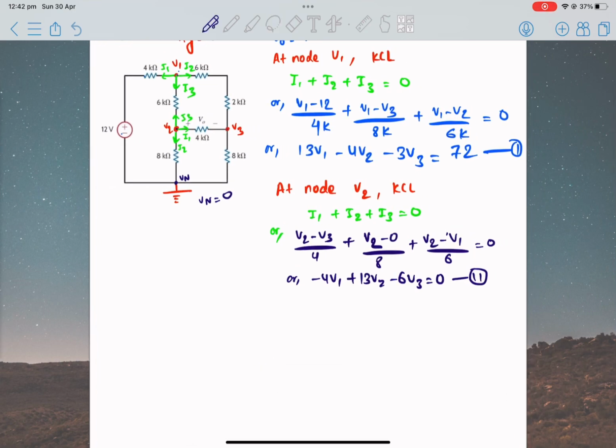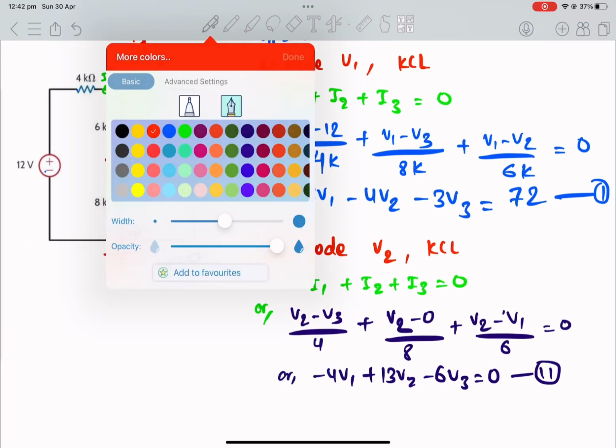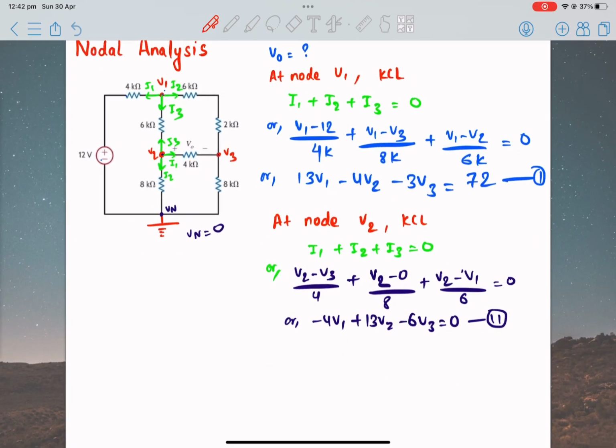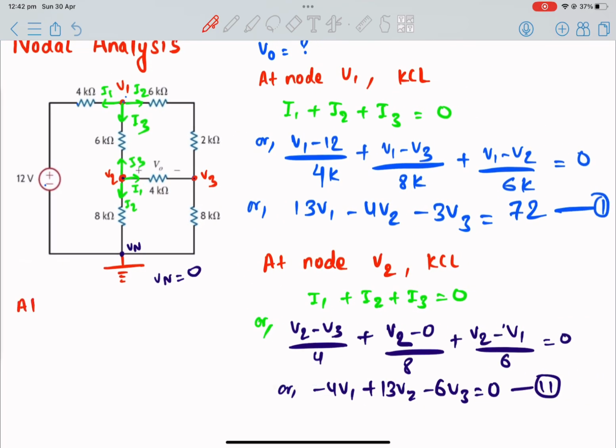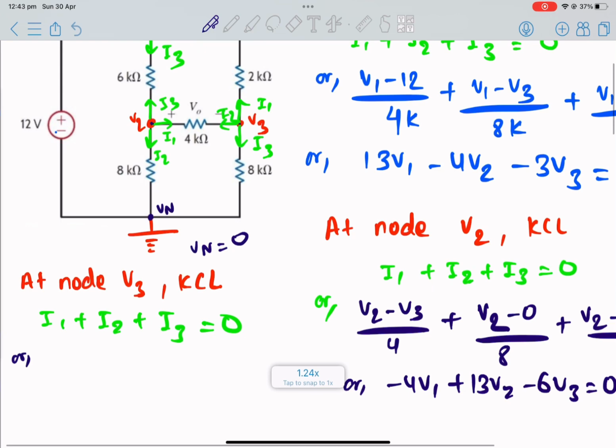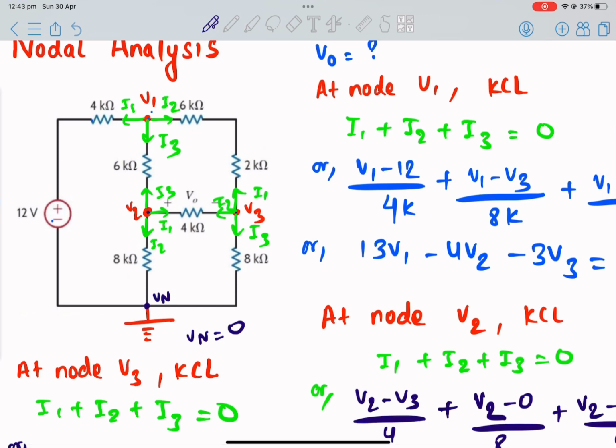And now finally let's take our third node, at node V3. Again we use KCL. That is, current flowing in this direction, this and this: I1, I2 and I3. So I1 plus I2 plus I3 equals 0. And now what is I1? I1 is current flowing through this direction.